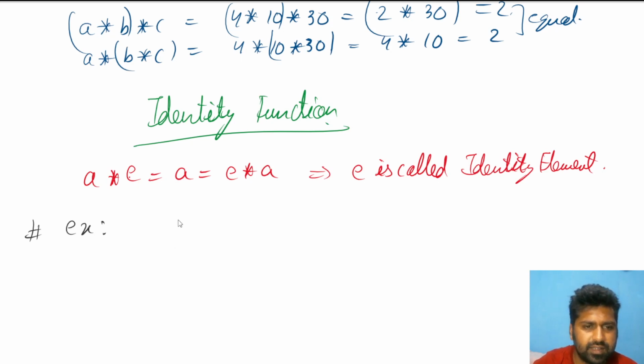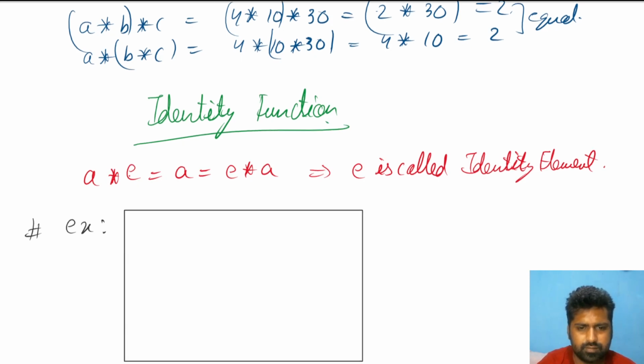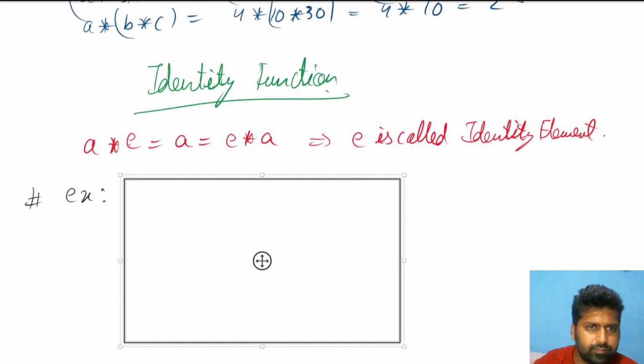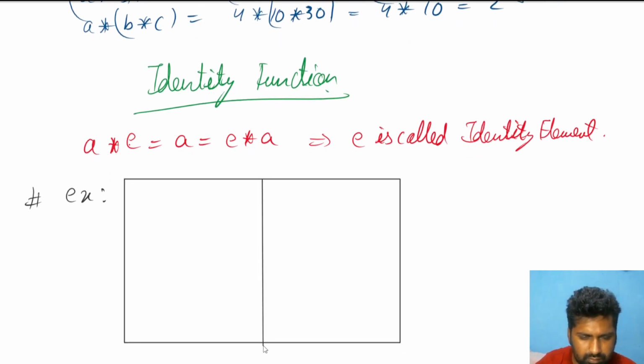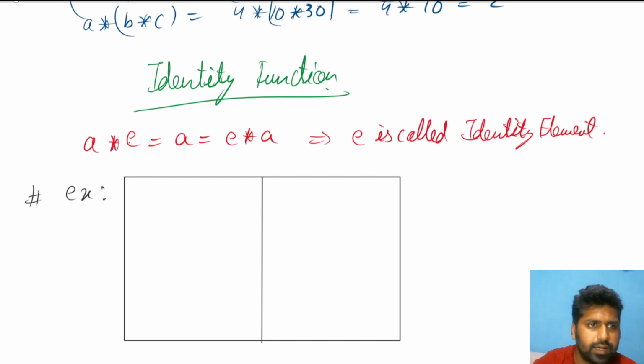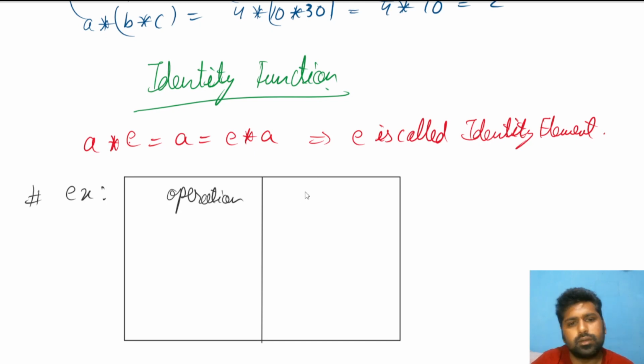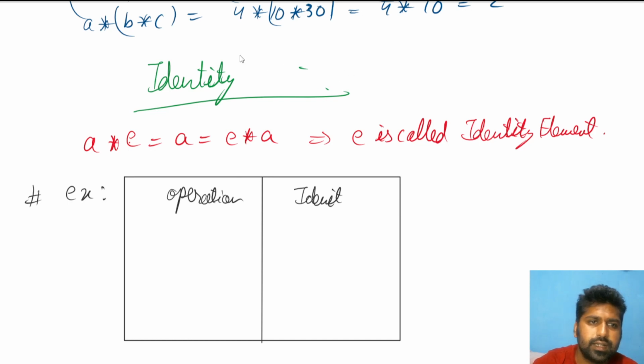Let's create a basic table. So on this side we'll write operation, and on this side we'll write the identity element E. Sorry, I have written identity function, it's identity element.